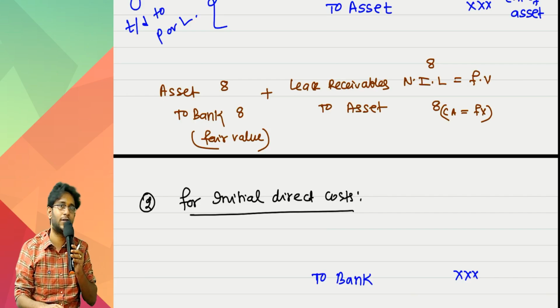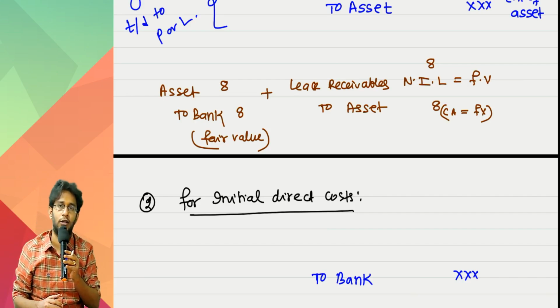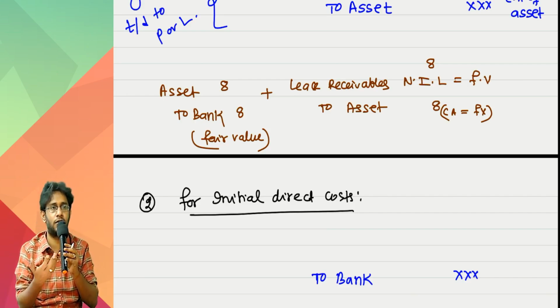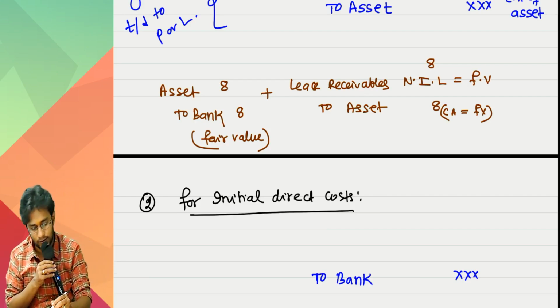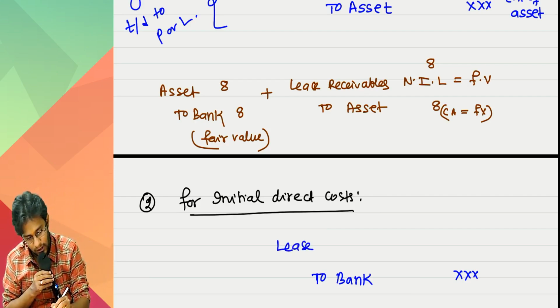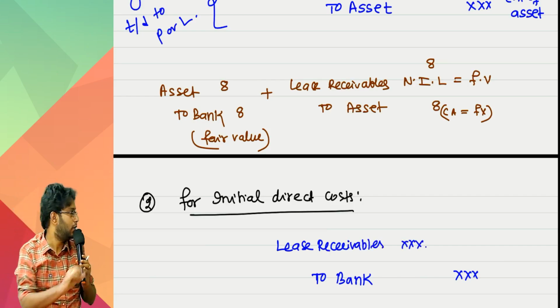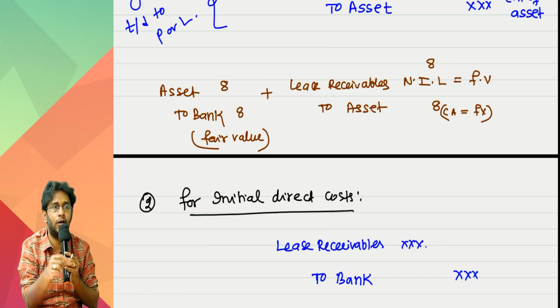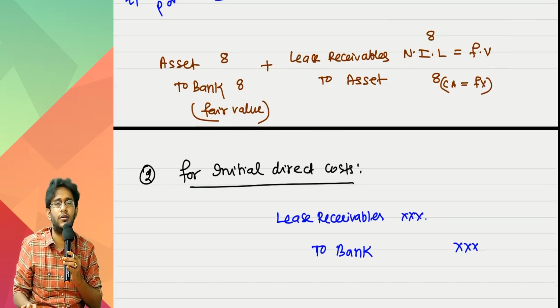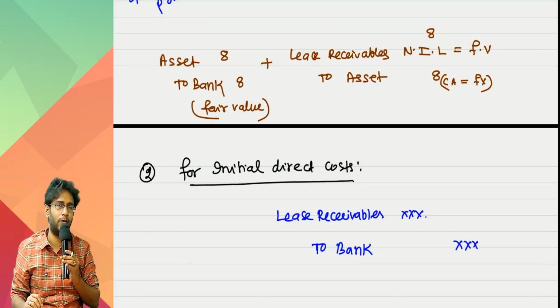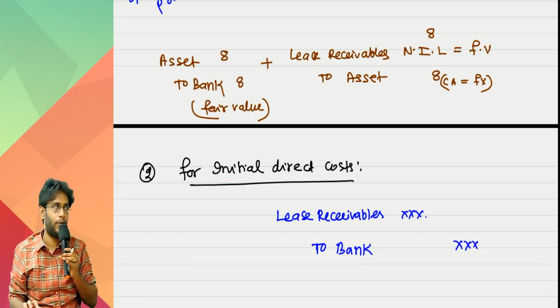For a loan given, if you incur transaction cost, under the amortised cost method that also is adjusted into the initial recognition amount only. Apply that as it is. So the entry will be lease receivables account debit to bank. In fact, you could have clubbed this with the above entry also, but in every case expenses will not be there, so I did not want to unnecessarily make you remember something.